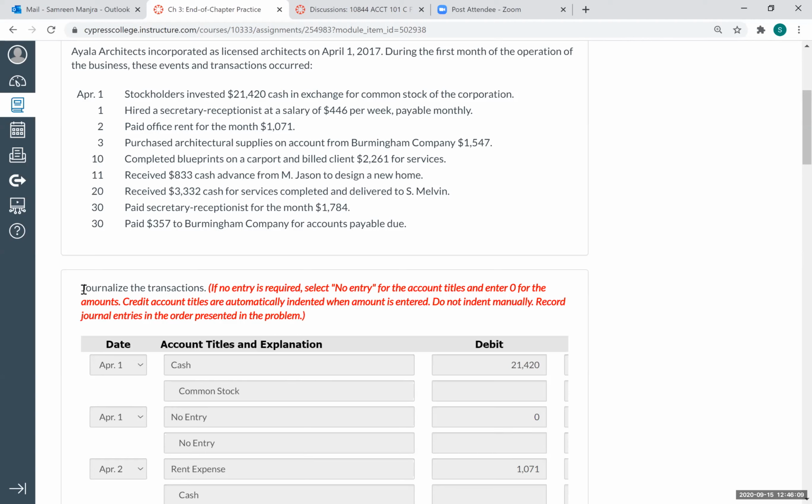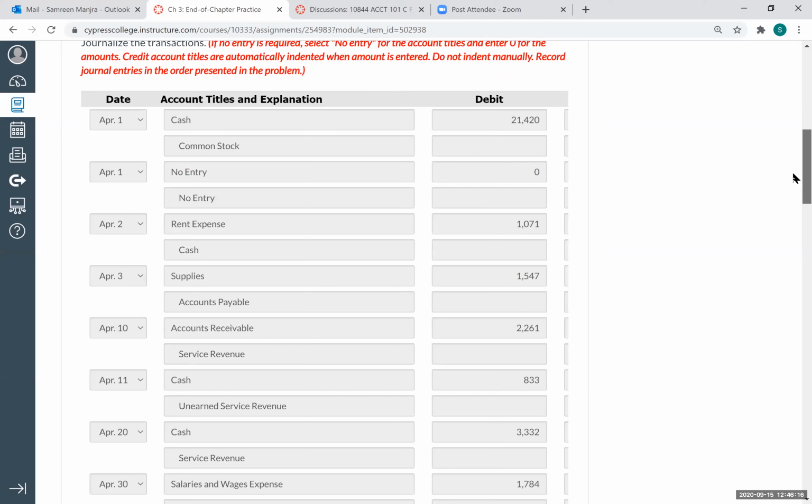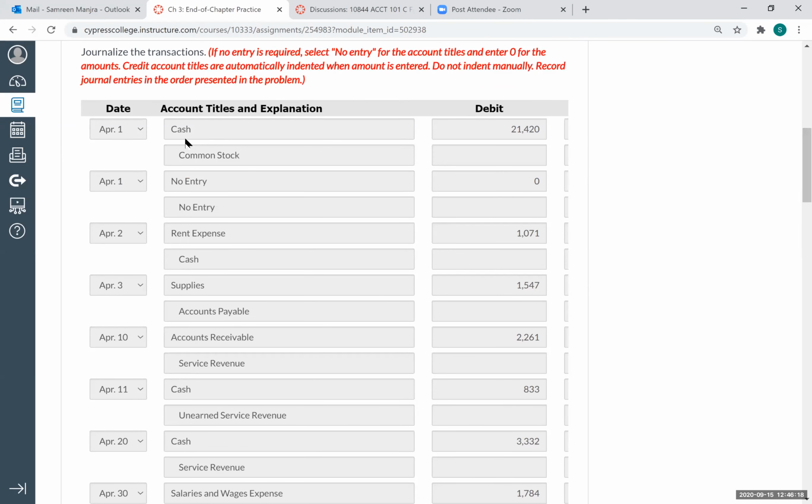And in this problem, we need to journalize the transactions using the proper journal entry format. We need to include the date of the transaction and the account title. So what are the accounts that are being impacted? For the purpose of this exercise, we do not need to include an explanation.